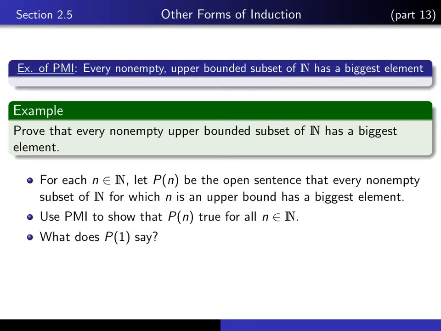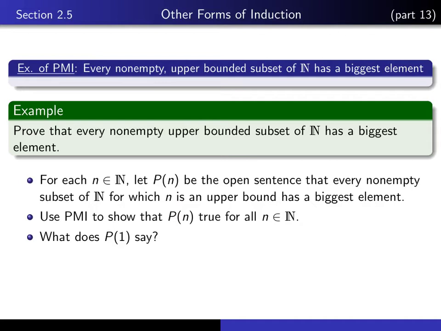Before I show you my proof, let's just talk about it a little bit. The basis step would consist of showing that P(1) is true. So what does P(1) say? P(1) says that for any non-empty subset of ℕ for which 1 is an upper bound, that set has a biggest element.